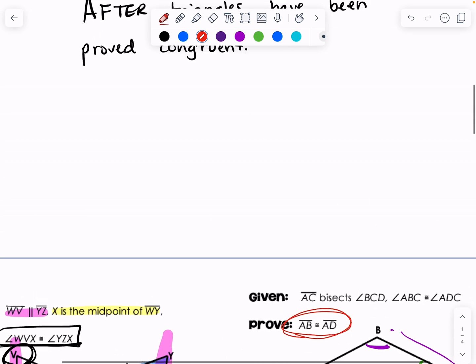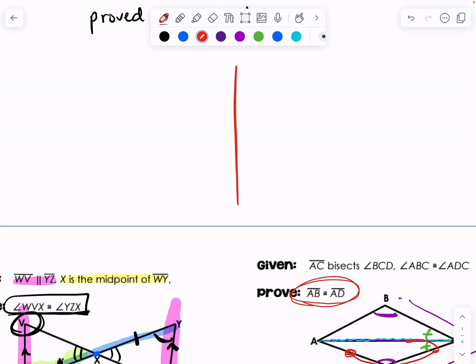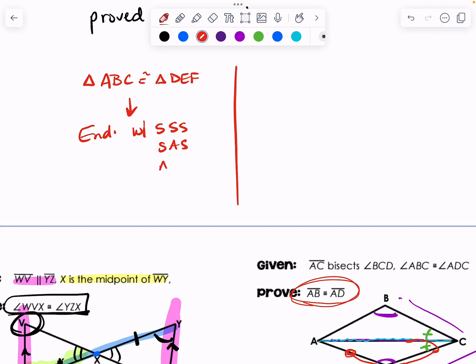The one more thing I want to make very clear when you're doing proofs is this. When you have triangle ABC is congruent to triangle DEF, the ending of your proof will be side, side, side, side, angle, side, angle, angle, side, angle, or HL.